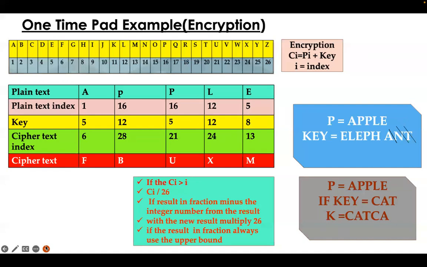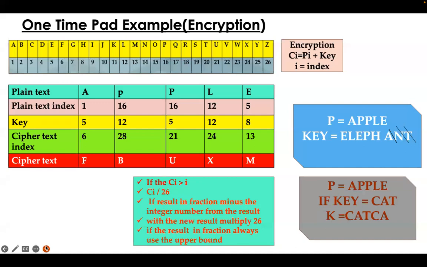So in this case, we can take only the first 5 letters, which is E, L, E, P, H, because we don't need more. So the A and T are not needed in this case.